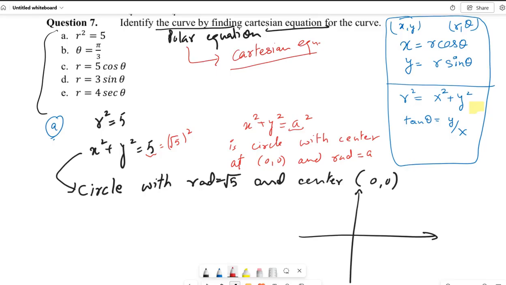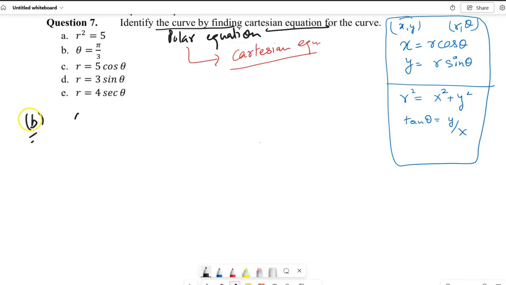That's going to be a circle with center at 0, 0, which is the origin, and your radius is root 5, square root of 5. That's our first part. So we identify r square equal to 5 as a circle equation. First of all, we convert that into a Cartesian equation using our first relationship between r square and x square plus y square.